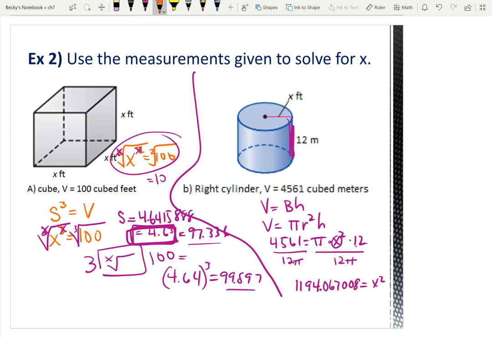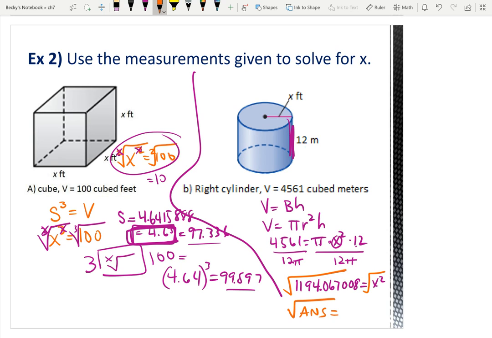Now, I need x, not x squared. So to undo it, I'm going to square root both sides. And you can do that without having to type it all in. And each calculator is different. On my calculator, I have an ANS button, and it's at the bottom, right behind the negative sign. If you put the square root first and then push the second button and then the ANS, it pops in that previous answer.